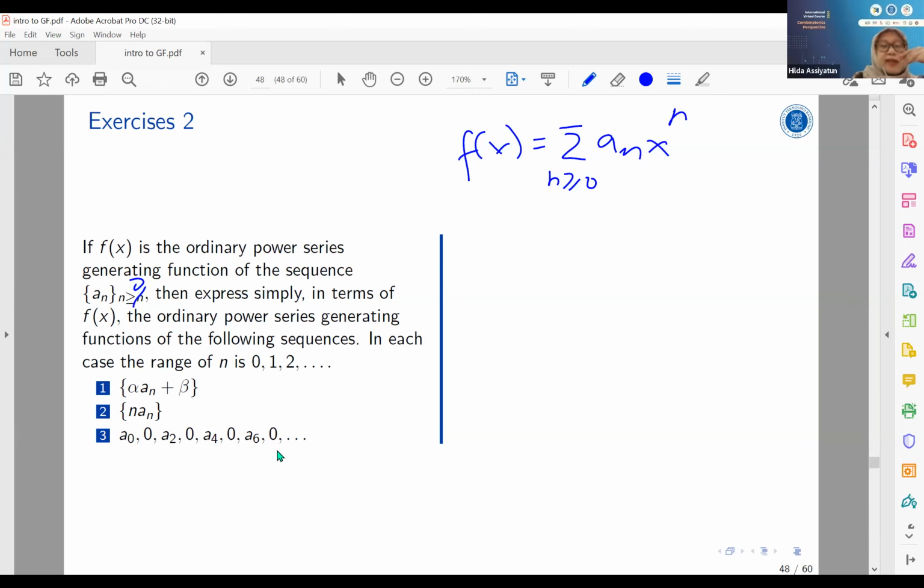Now we will express the generating function of this sequence. So by definition, we will have a0 plus 0x plus a2 x squared plus 0 x to the 3 plus a4 x to the 4 and so on.